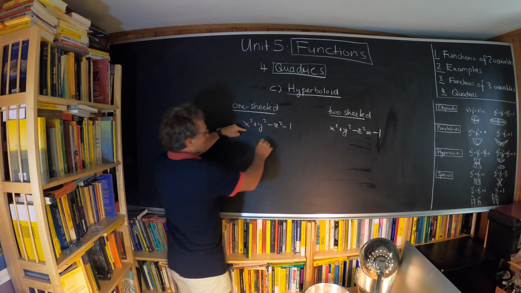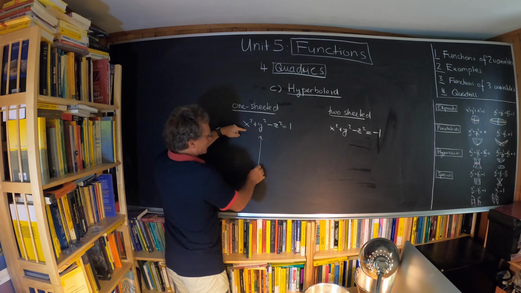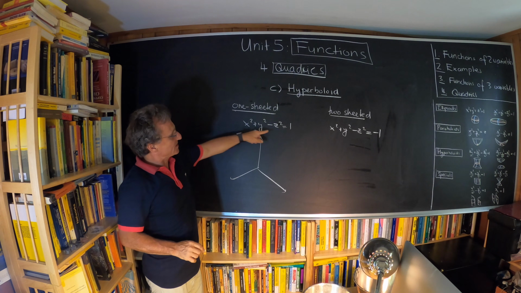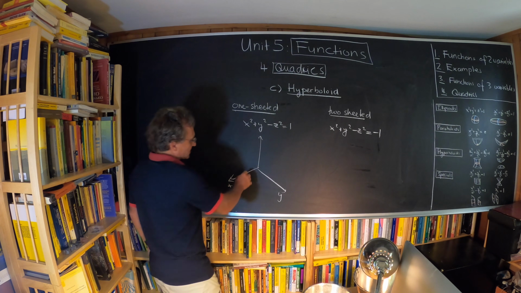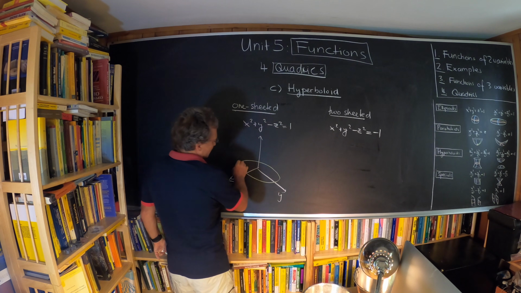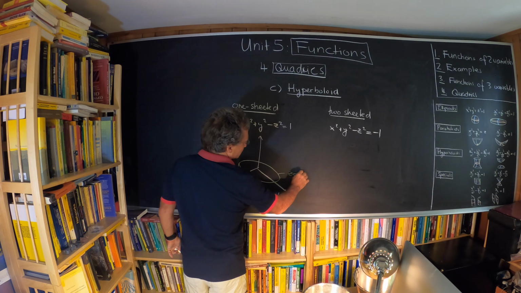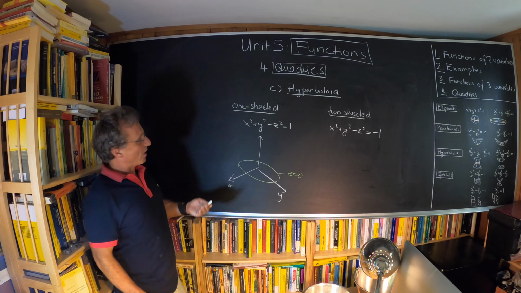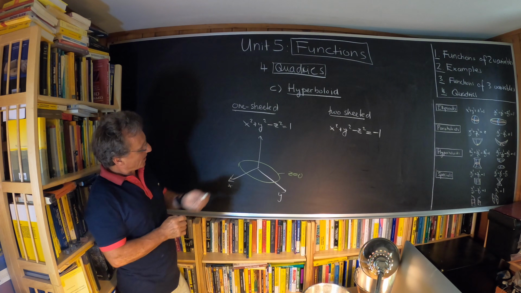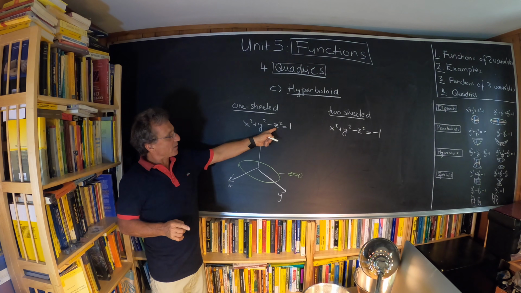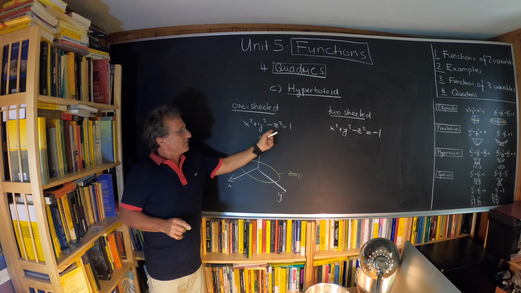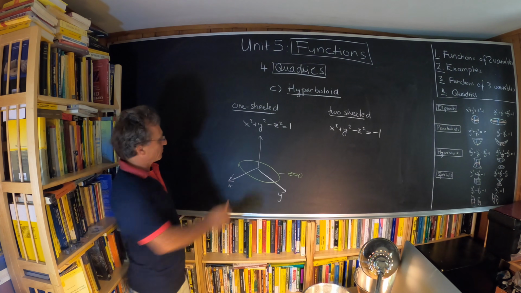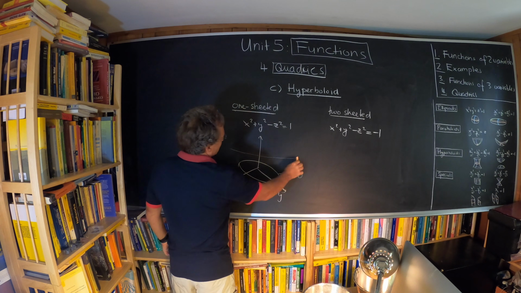What we can do is look at the traces. The traces are really important, and also the intercepts. But what happens when z is equal to 0? That's an important one. And we see a circle: z is equal to 0, we get x squared plus y squared is equal to 1. Now, if you make z bigger, for example z is equal to 1, the circle becomes bigger.